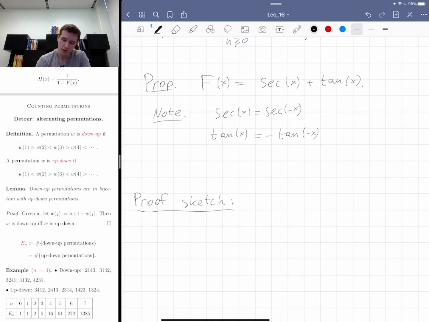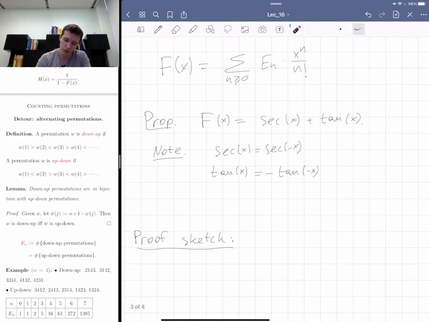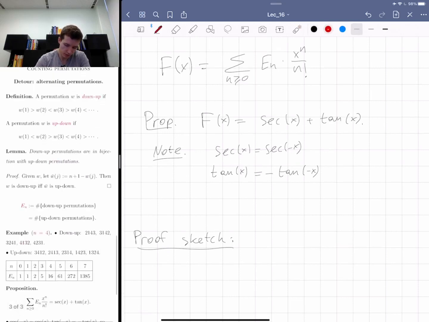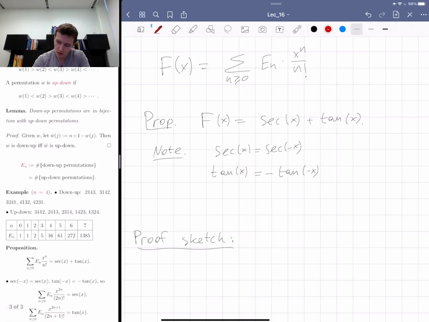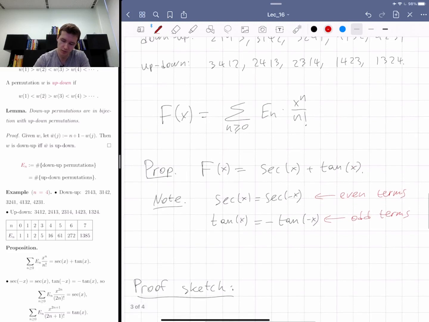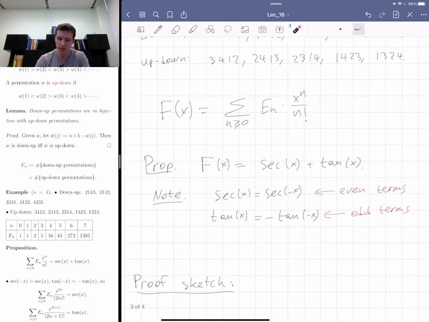So in particular, the secant is responsible for even terms, and the tangent is responsible for odd terms in this sum here. If you only take the even n, you are going to get the secant only, and the odds are going to give you the tangent.